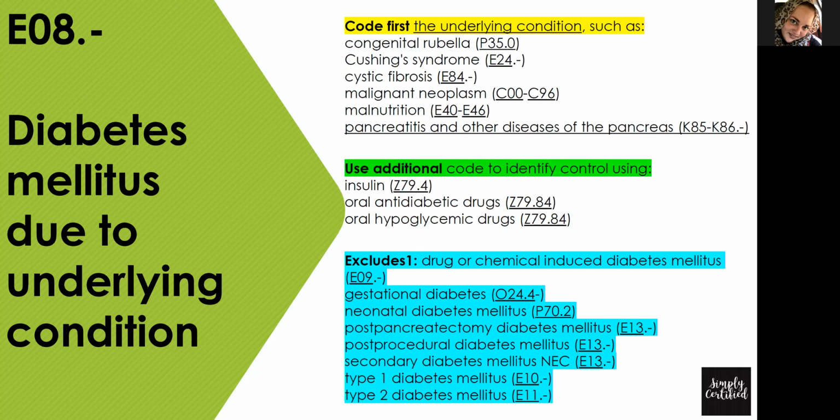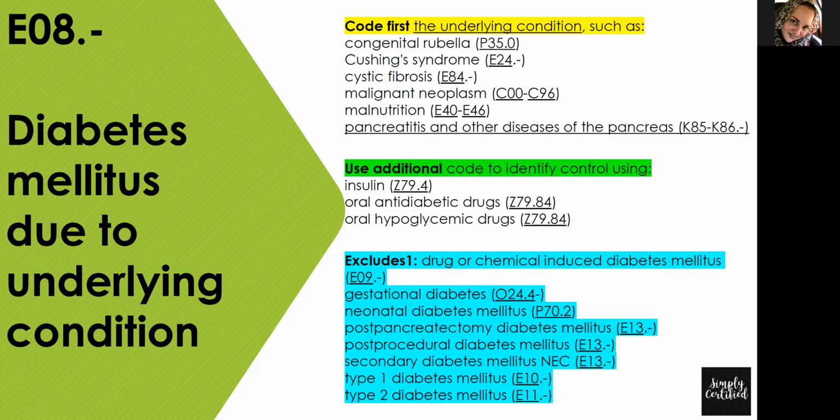So what it's telling us is to code first the underlying condition. And then to make it even easier for us, it gives us examples. So like congenital rubella can cause diabetes. So if the diabetes is caused by congenital rubella, this instruction is telling us to use code P35.0 first. And of course, always go to that code and verify it.